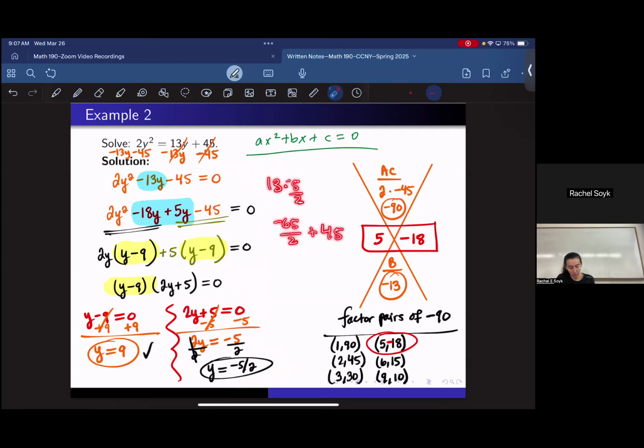And so 45 is the same as 90 over 2. Negative 65 plus 90 is positive 25 over 2, which is once again 12.5, which is what we needed. So both of these solutions work. And we are done.